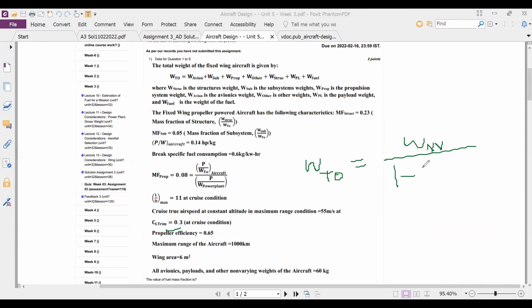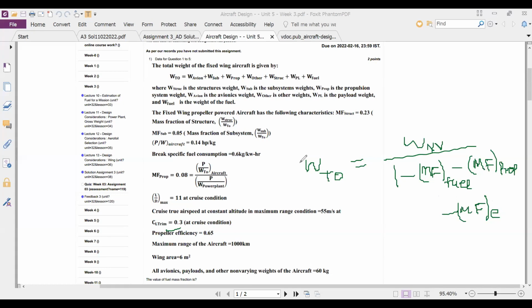Let's say mass fraction of fuel minus mass fraction of what else? Propulsion, mass fraction of empty weight, right? All of these and empty structure actually.